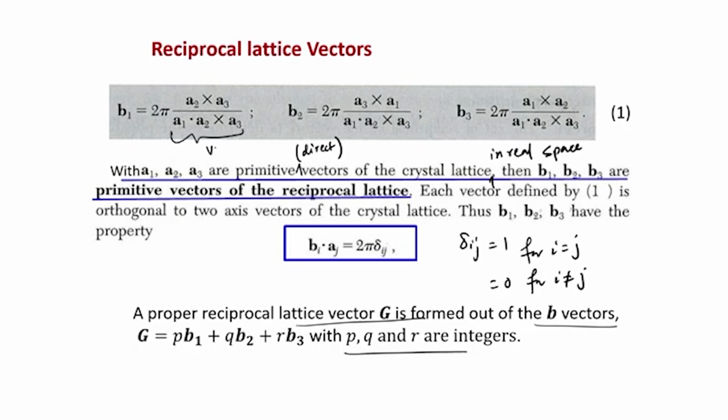This is the volume in real space, the volume made out of the 3 vectors A1, A2, A3. So, if you take this volume V to be just a number, B1 equals 2 pi over V times A2 cross A3, and that is why this orthogonality relation between the reciprocal lattice vectors and the direct lattice vectors holds.